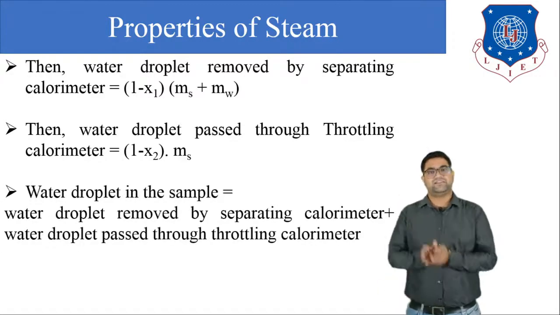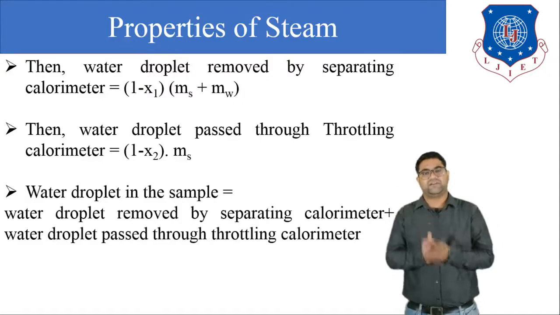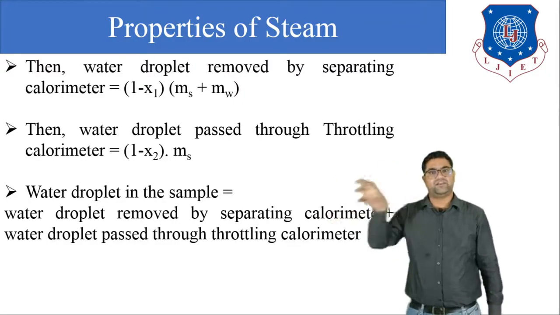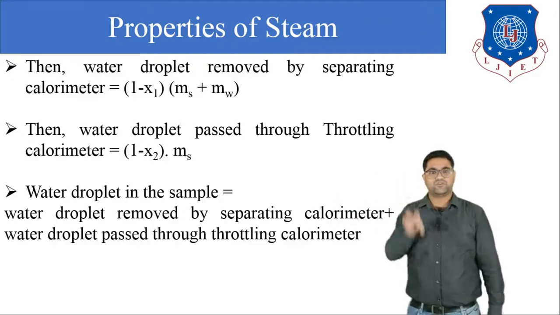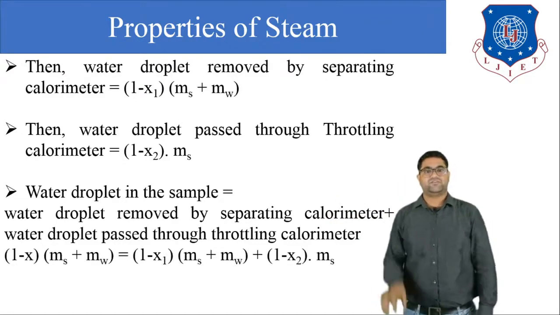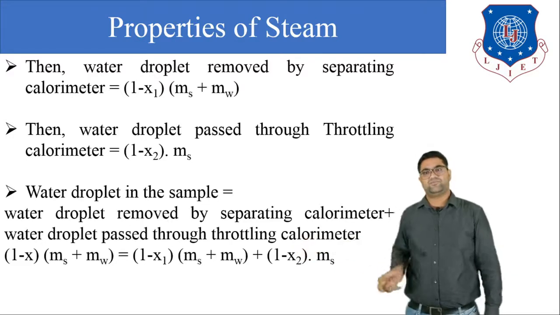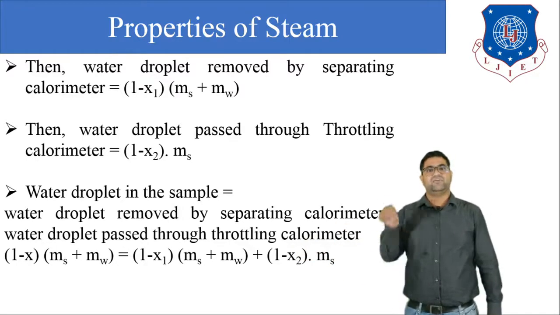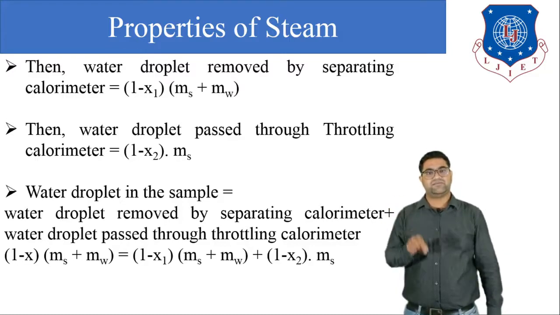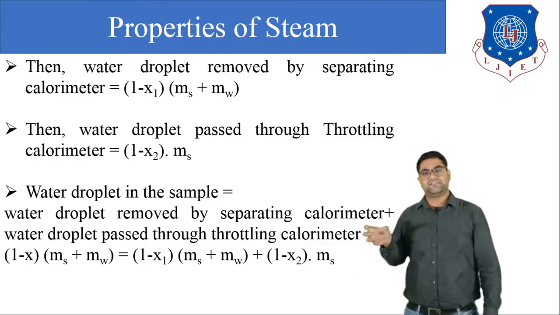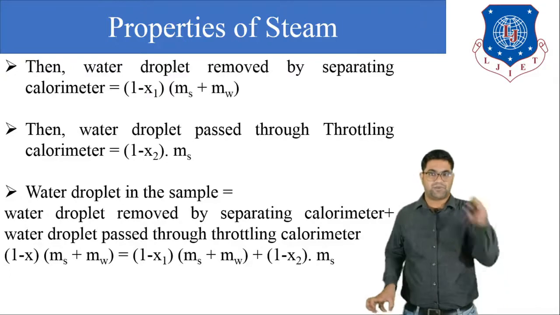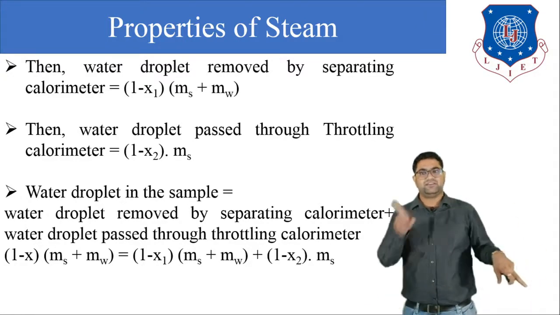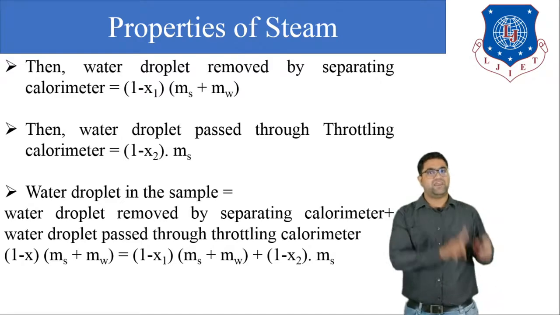So finally we can say that the total amount of the water droplet is equal to the amount of water droplet in the separating calorimeter plus the amount of water droplet in the throttling calorimeter. So we can write that the total amount, that is (1 minus x) into (ms plus mw), is equal to (1 minus x1) into (ms plus mw), that is the water particle which is separated in the separating calorimeter, plus the water particle which is separated in the throttling calorimeter, that is (1 minus x2) into ms.